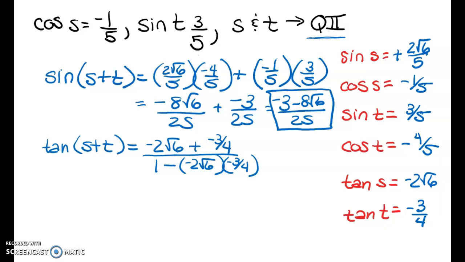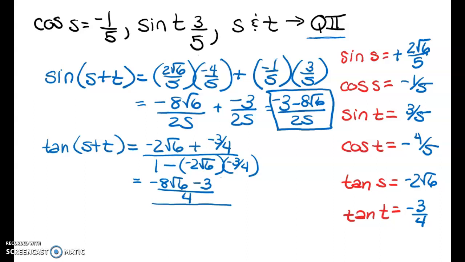Okay, so let's go ahead and multiply everything out. So I get negative 2 radical 6 plus negative 3/4 all over... Hey, maybe we should just find a common denominator and add the numerator and add the denominator. Yeah, let's do that. Let's do negative 8 radical 6 minus 3 over 4 divided by, so this is going to have a denominator of 4 as well.